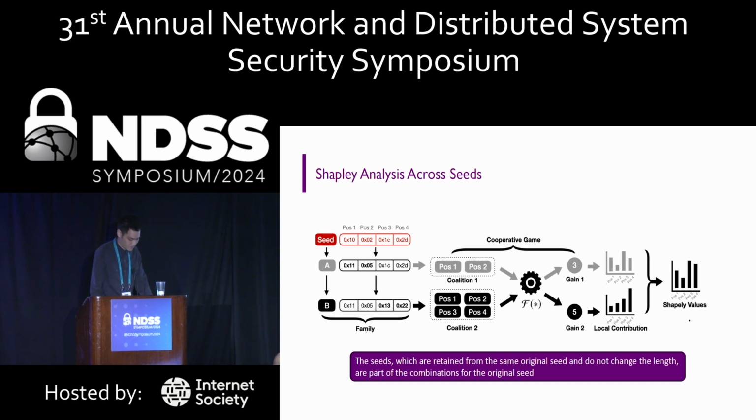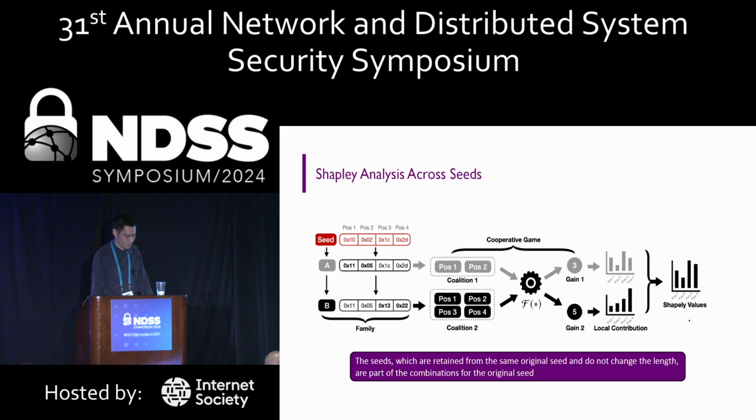For example, if a seed mutates some bytes to get seed A, and A then mutates to get seed B, but A and B have a similarity, we can treat them as retained from the same original seed, and they can be considered as part of the combination for the original seed.